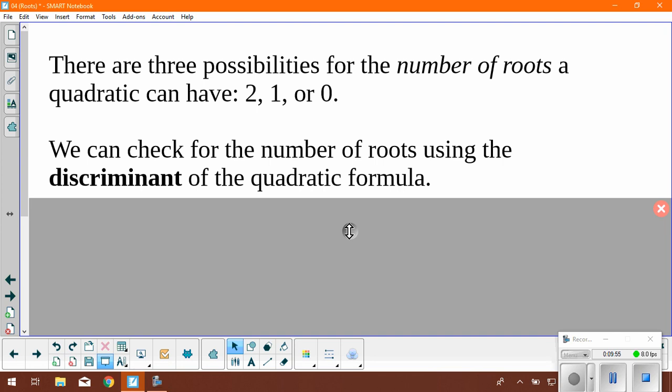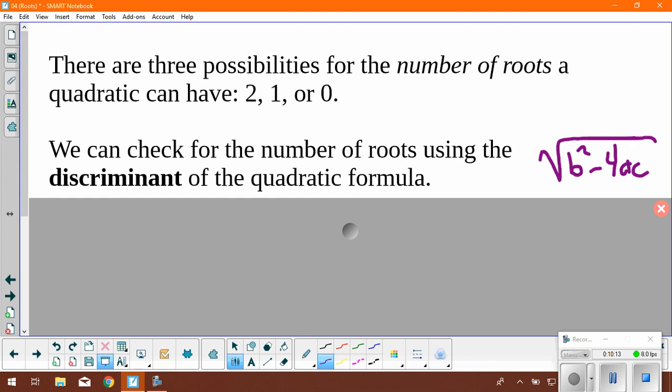Again, I'm pretty sure you would have seen this in the grade 10 curriculum, but if not, all that's really talking about is the part of the quadratic formula that's under the root sign. That b squared minus 4ac, which you get from the standard form.